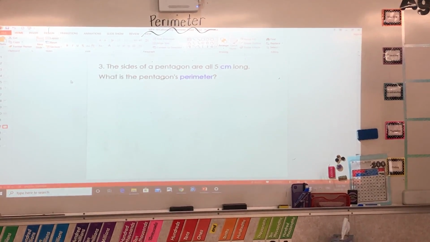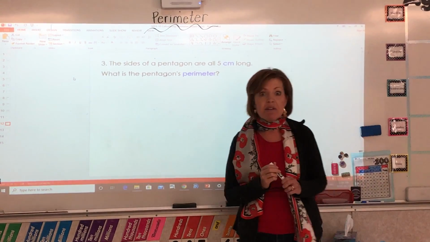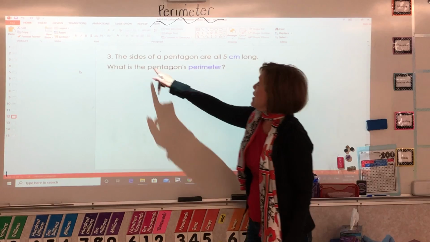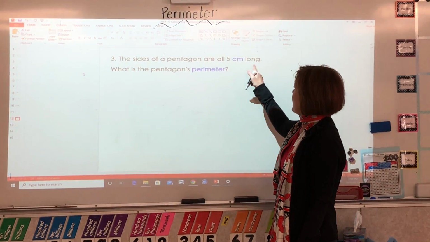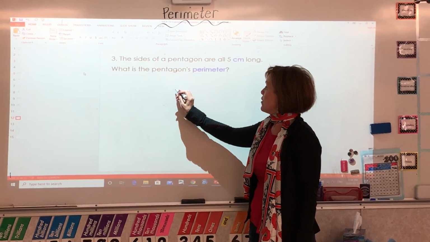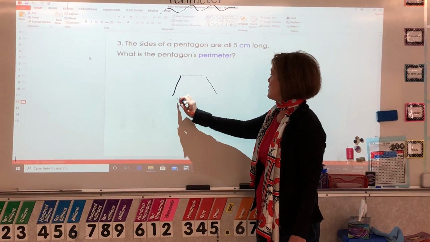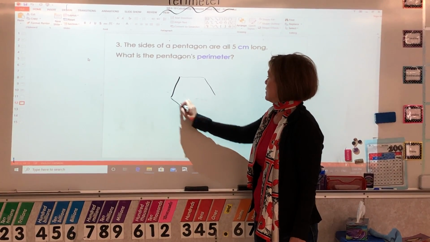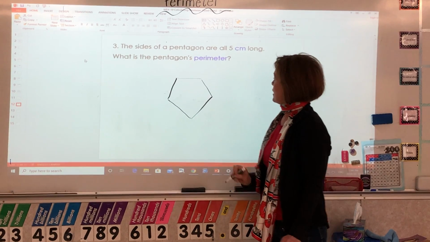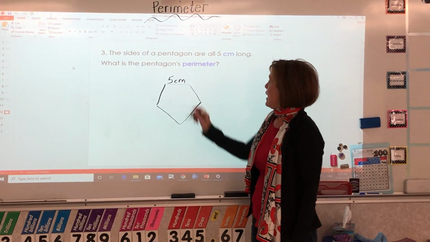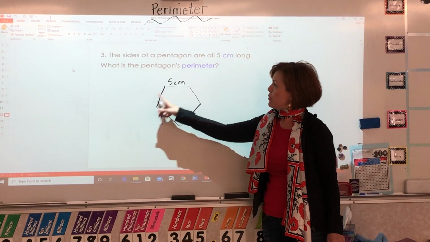Okay, now, you can also find the perimeter of other shapes, but there isn't always a formula. For example, the sides of a pentagon are all 5 centimeters long. A pentagon has 5 sides. Let's see if I can do a 5-sided shape. It's upside down, 5-sided, but each side is 5 centimeters long. How could I possibly find the perimeter?